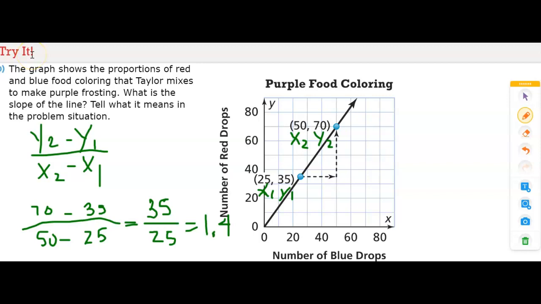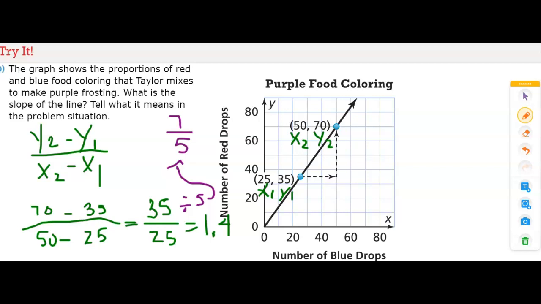If they wanted this as a fraction, you would divide by the greatest common factor of 35 and 25, in this case 5. So you would divide both by 5, and this would equal 7 over 5. And so, again, that's still a slope.